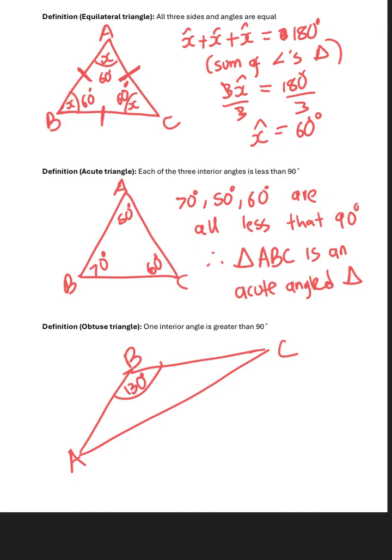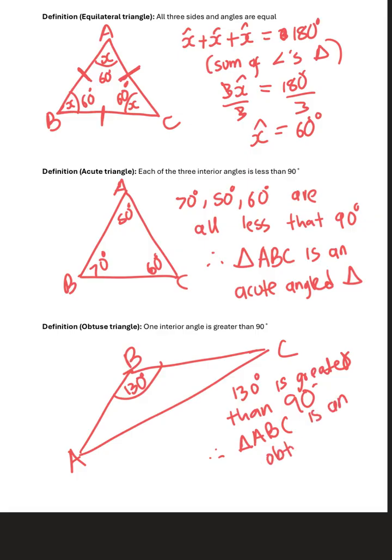We don't need to know other angles. The moment we have an angle that is 130, then we know, because 130 is greater than 90, therefore triangle ABC is an obtuse angled triangle.